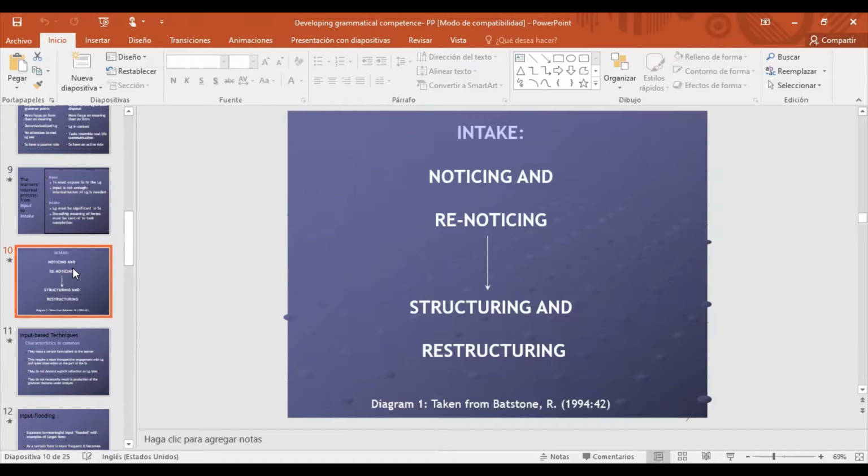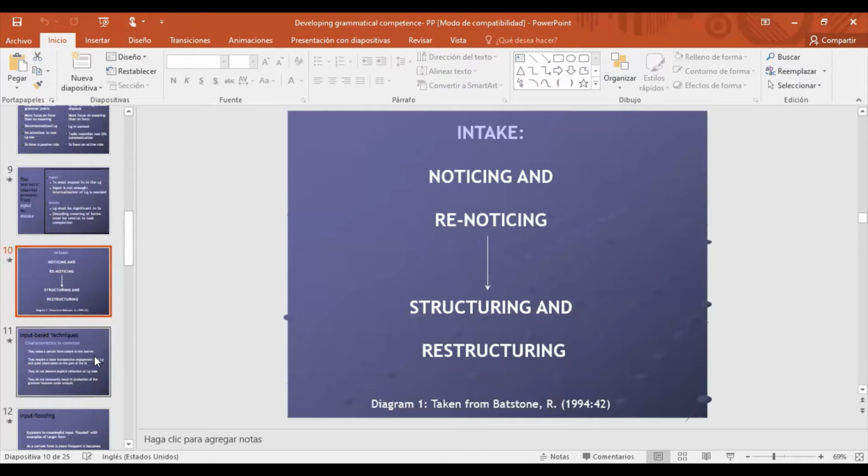That is, being exposed to a lot of inputs in which particular forms of the language are used, students will be able to notice that, to incorporate that new form of the language, and in their mental networks, they will be able to structure and restructure the system all the time.